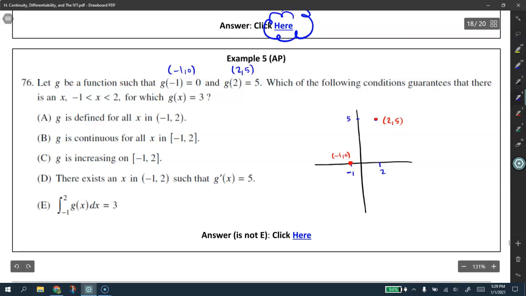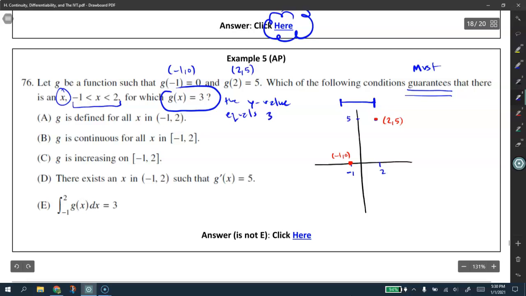It says which of the following conditions guarantees, so that's a very strong word, meaning it must work for you, that there is some number x between -1 and 2, meaning there is going to be some number between here all the way to here, so that g of x is equal to 3? g of x is equal to 3, meaning the y value equals 3.